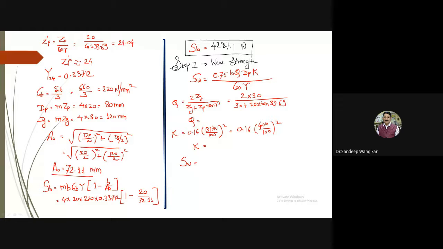What will be the answer for this Q? 1.381. Okay.